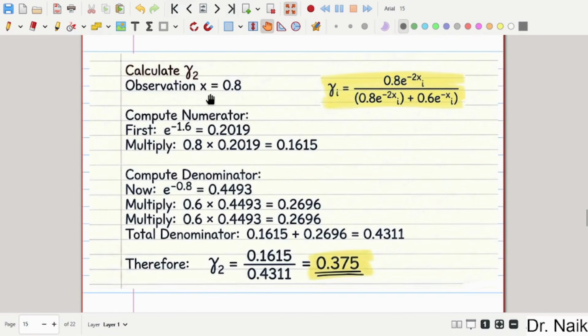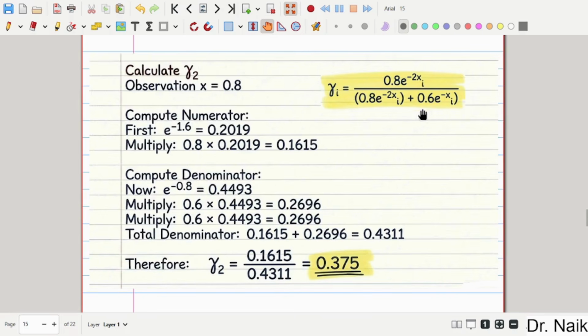Now calculate gamma 2. The second observation is 0.8. So e raised to minus 2 into 0.8 is equal to e raised to minus 1.6. e raised to minus 1.6 is equal to 0.2019. So multiply this with 0.8. So we get 0.1615. Now calculate the denominator. e raised to minus 0.8 is equal to 0.4493.